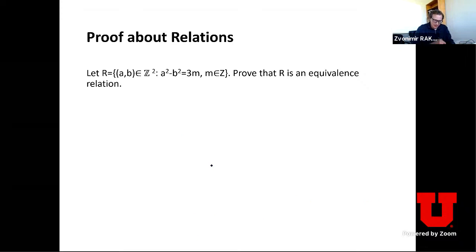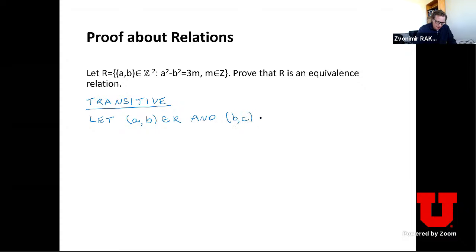And the last one we need is transitive. So we have, let A comma B be an element of R and B comma C be an element of R. So if AB is in R, then A squared minus B squared is equal to 3M.